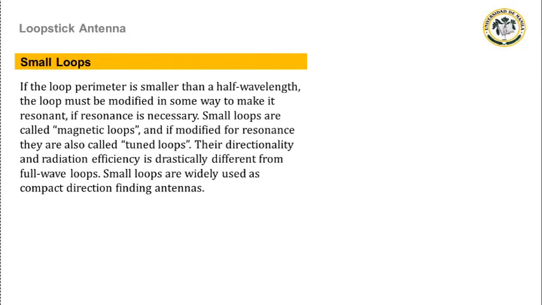If the loop perimeter is smaller than a half wavelength, the loop must be modified in some way to make it resonant. If resonance is necessary, small loops are called magnetic loops, and if modified for resonance, they are also called tuned loops. Their directionality and radiation efficiency are drastically different from full wave loops. Small loops are widely used as compact direction finding antennas.